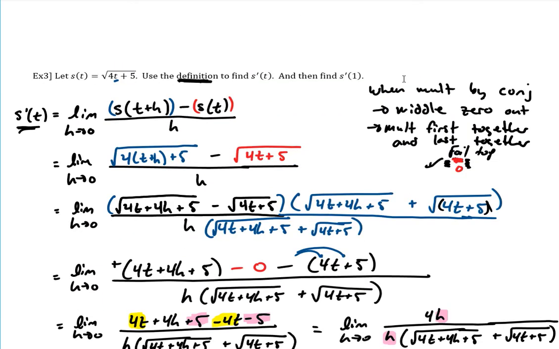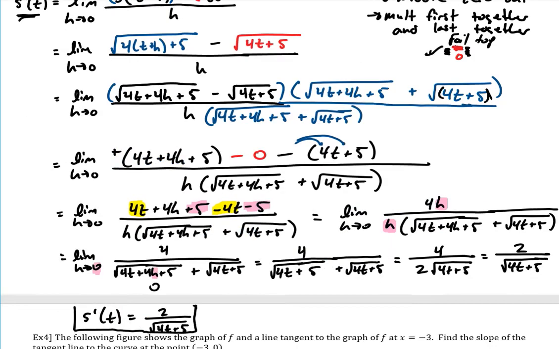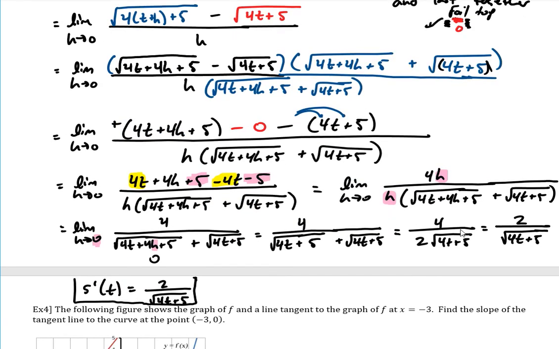And then they did ask for one other thing. They said find s prime of 1. Well, all you have to do is plug 1 into the equation that we just found. So s prime of 1 is 2 over 4 times 1 plus 5, all under the square root. Well, 4 times 1 is 4, plus 5 is 9.